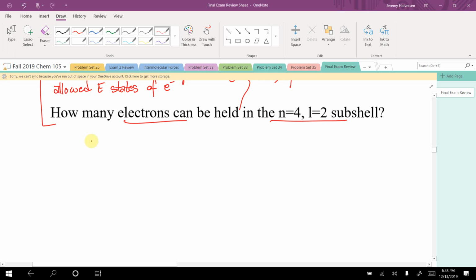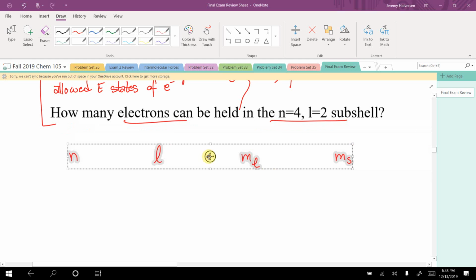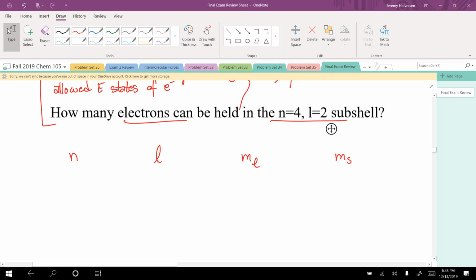All right, so we have 4 quantum numbers. What are they? N, L, M sub L, M sub S. N, what do you call N if you're a nerd? The principal quantum number. What do you call it if you actually care about what it is?